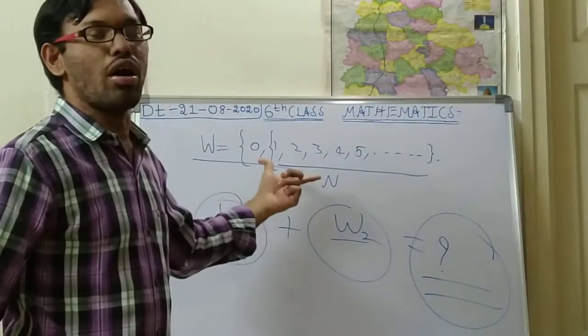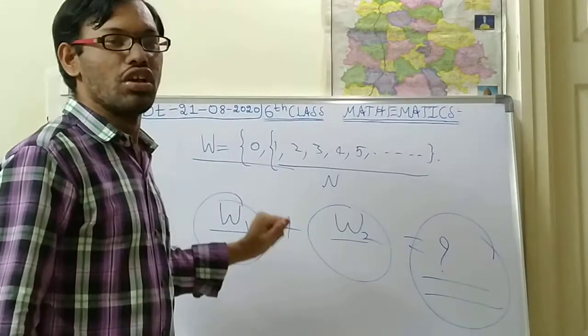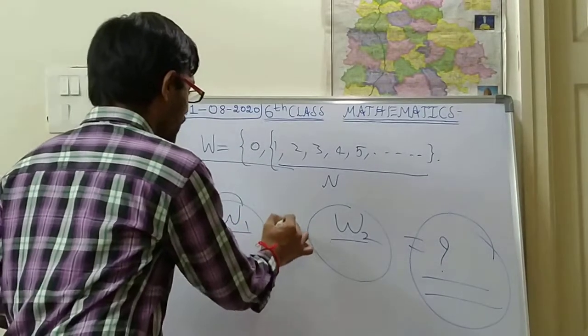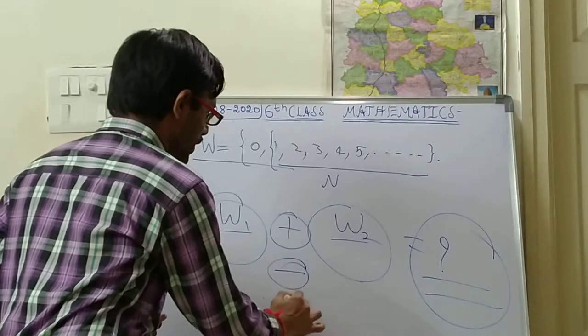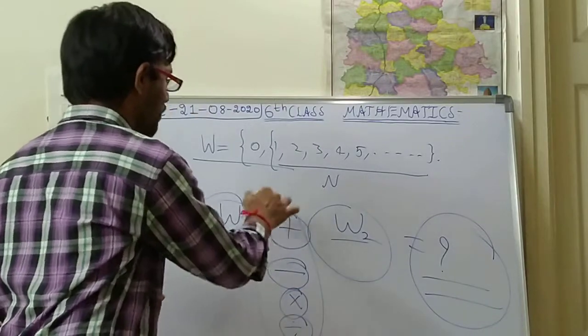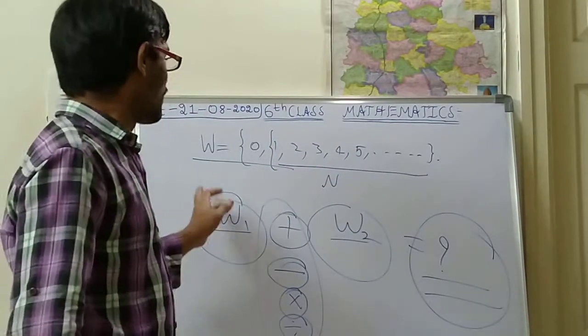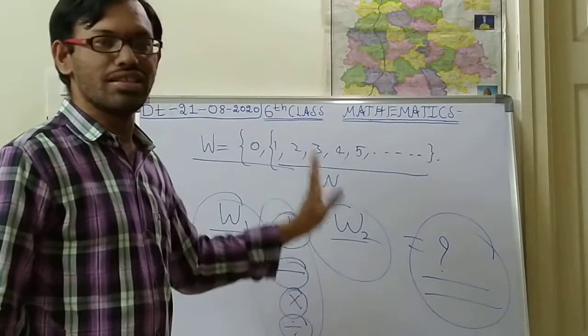These results will be expressed by the properties of whole numbers. Not only addition, but also subtraction, multiplication and division. For the four basic operations, these whole number properties will be covered in this class.